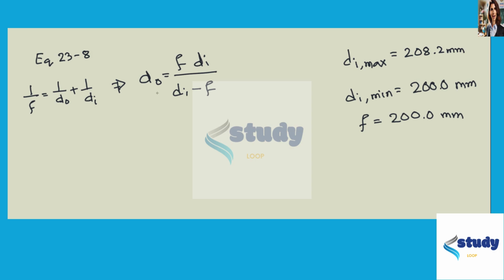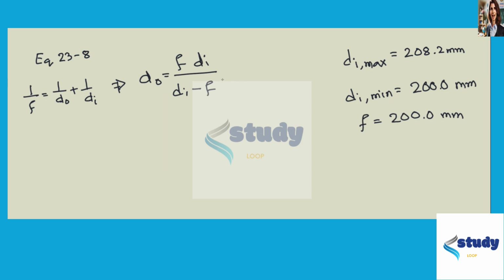Now to get the minimum do, we can take the maximum di, because we see there's a subtraction, and if we take the minimum value, di minimum and the focal length are equal. So this term becomes 0, and the whole thing becomes infinity.